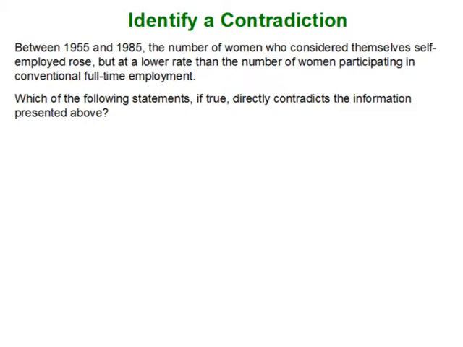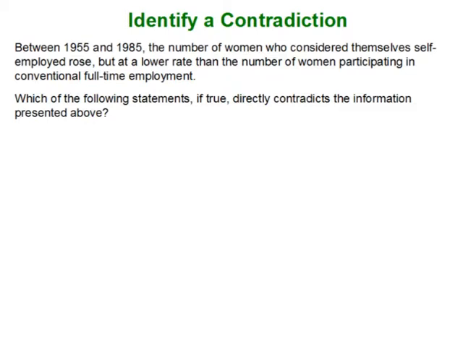Very important once they introduce the concept of numbers to track, because sometimes they use numbers, sometimes they use percents, sometimes they use rates. And it's very important to get organized and distinguish between these things, because here we have the number went up, but at a lower rate than the number of women participating in conventional full-time employment.